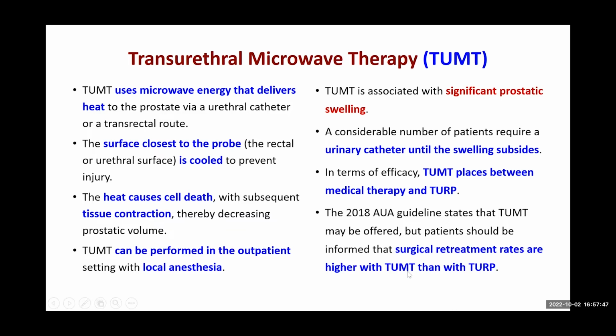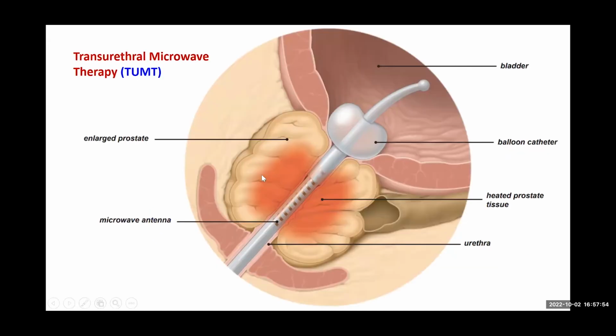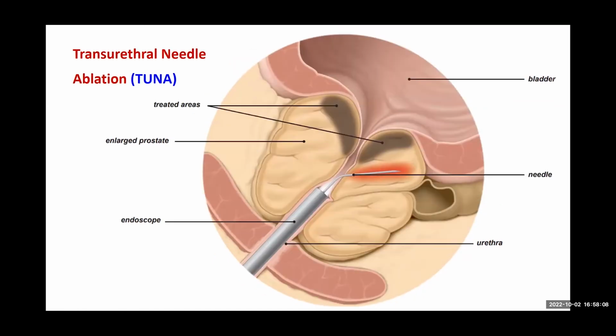So with this technique, surgical retreatment rates are higher than with TURP. That's a drawback, and this is how the heat is delivered to the prostatic tissue, and surrounding tissue has to be cooled down, and the prostatic cells will die and they will involute through apoptosis.